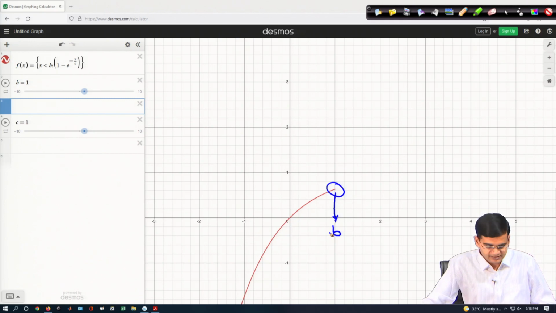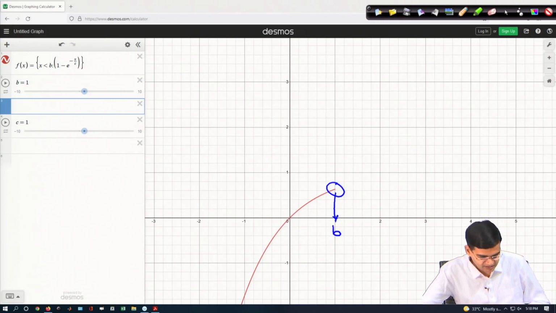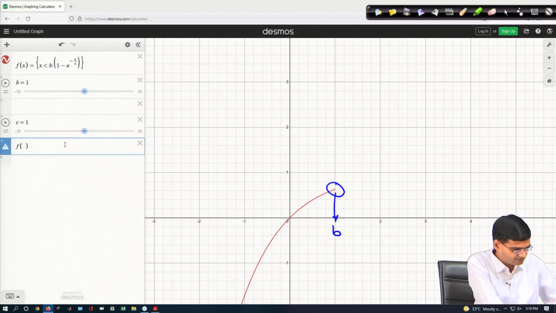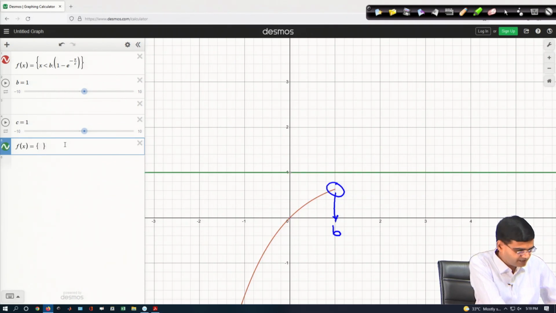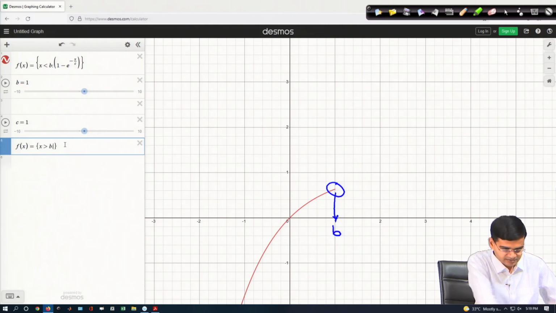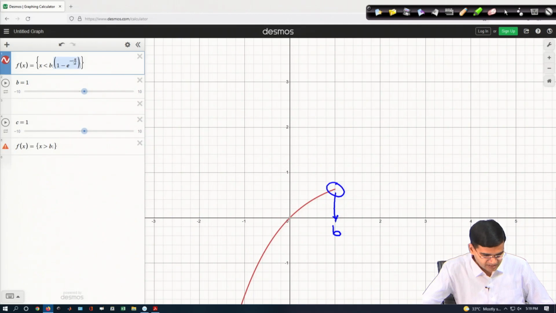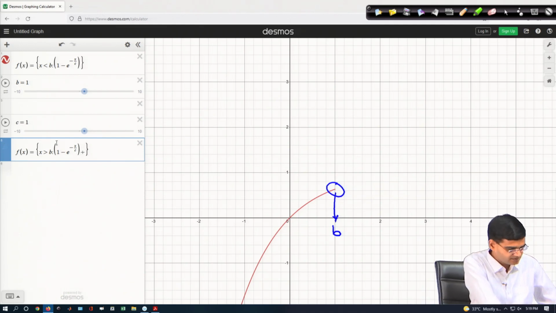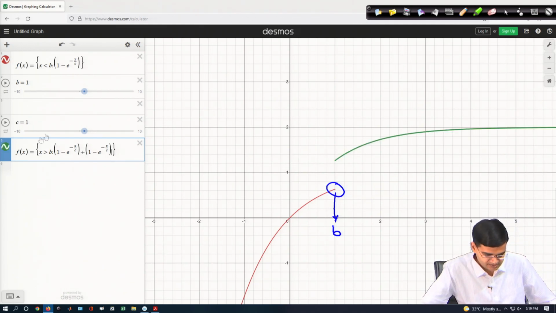Then next I will have f of x for x greater than b. What is going to happen? Well, I believe I have the same expression here, plus this, which will be x minus b.